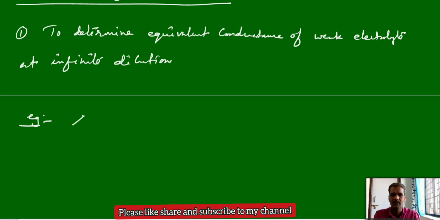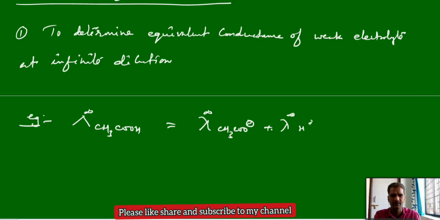Here let me take, if I want to calculate the equivalent conductance of acetic acid at infinite dilution. So what is it at infinite dilution? This is the ionic mobility of acetate ion at infinite dilution and ionic mobility of H plus ion at infinite dilution.